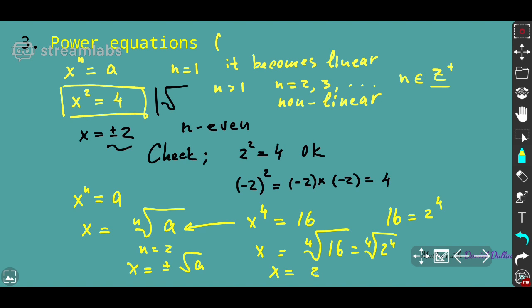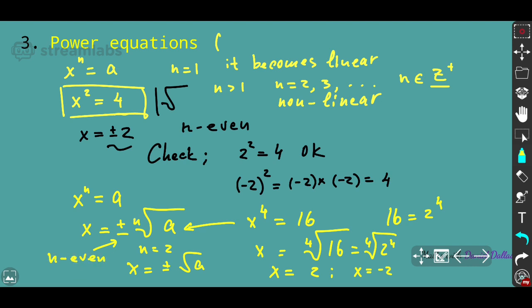However, if you try to test negative 2 in this case, it will also work, right? If x is negative 2, you raise to the power 4, and it will also give you 16. So that's why the general strategy is to take plus and minus sign, and you take the minus sign in case n is even.